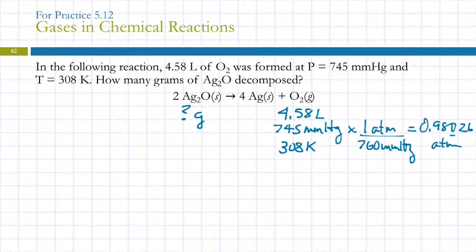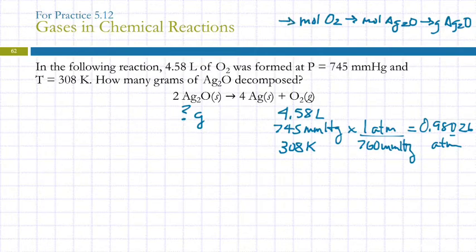So the path here, we've got the moles in the middle, moles of oxygen to moles of Ag2O to grams of Ag2O. In the first thing, we have a pressure, a volume, and a temperature for the O2. So we're going to convert that into moles, and then we can go to moles of the other and grams.